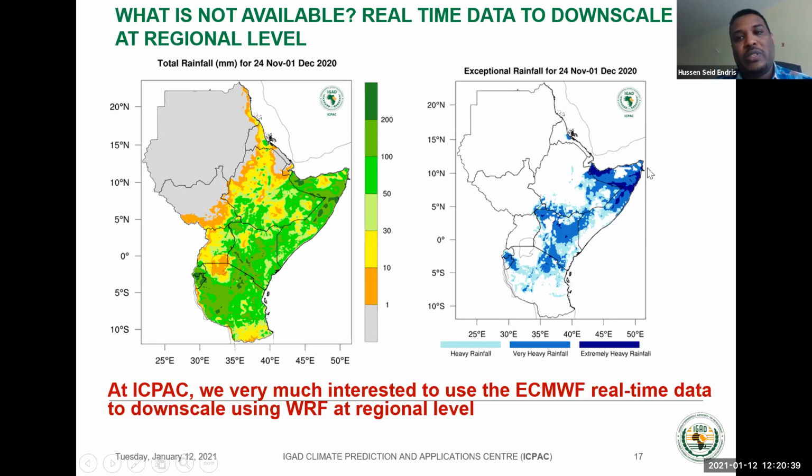So it shows the areas that are at risk. Since ECMWF is one of the skillful models, we are really interested to produce this kind of products by downscaling the raw model output. So these products are produced by downscaling the CFS forecast, not ECMWF.